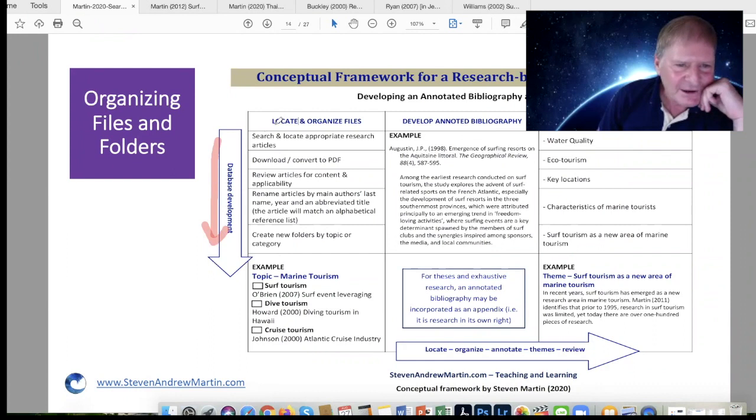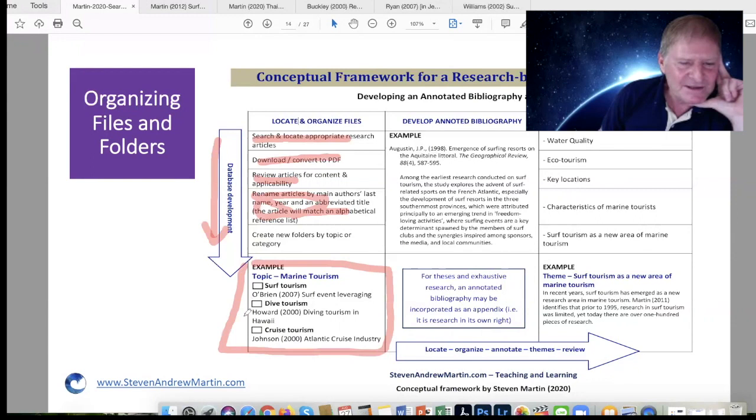Okay, so we locate and organize the files. So you find them, you download them, you convert to PDF, you review them, you rename the articles as I said, and then it looks like this, which you saw my system basically, right? And then you develop the second thing.